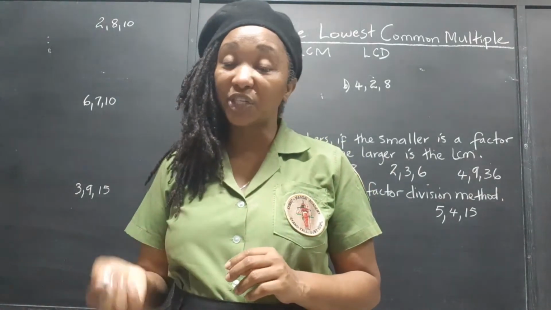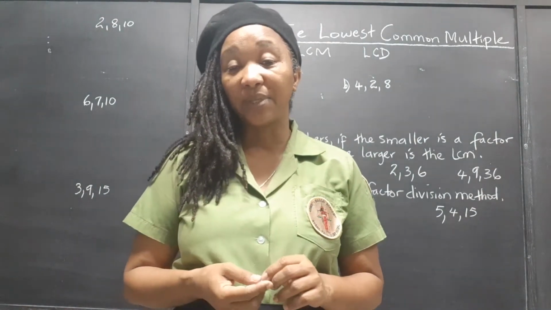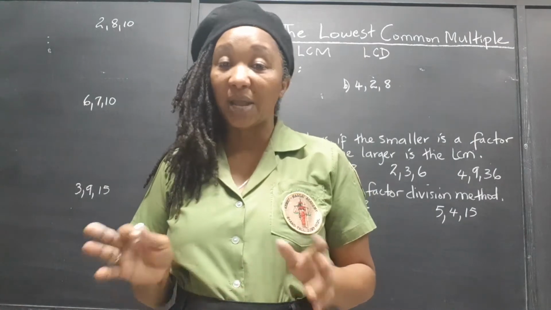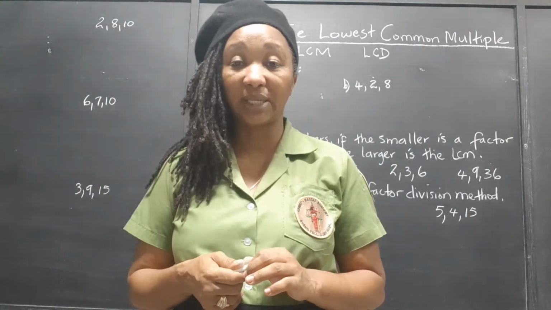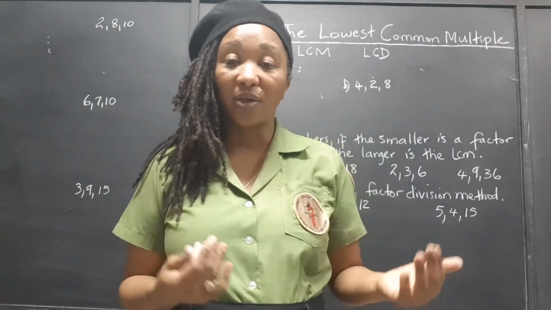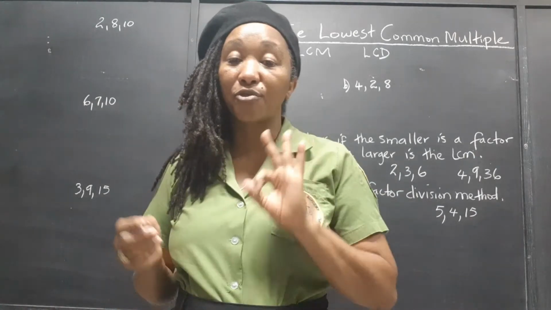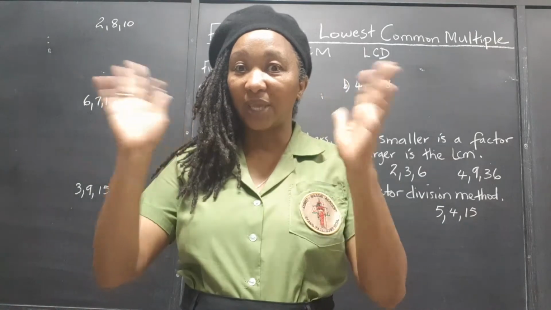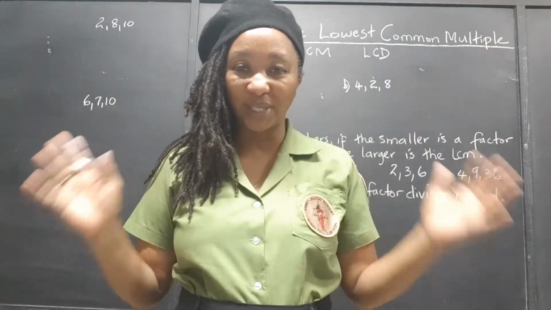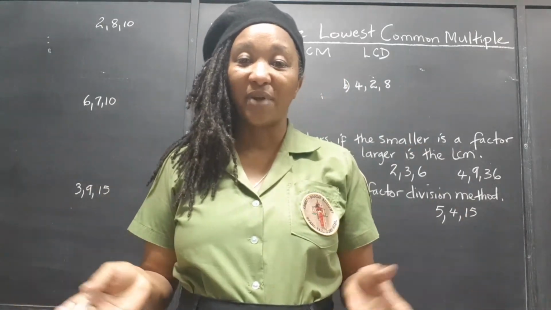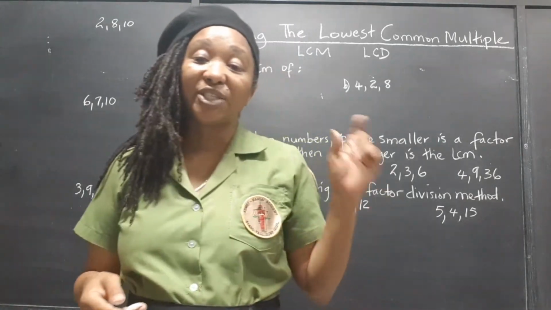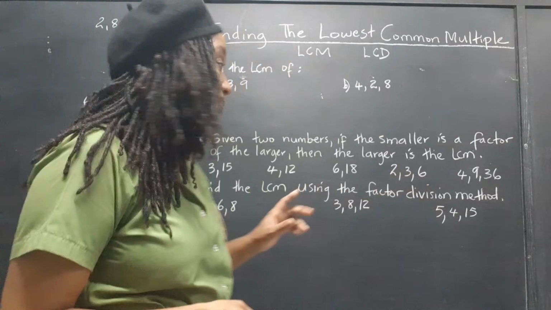Now, if you're very sharp on your timetables, many times you're able to just look at the numbers and be able to tell, right? But there are other ways, so I'm going to show you three other methods in this video, other than just looking and using your smarts, your skill that you have honed from your knowledge of your times table. I'm teaching you three other methods.